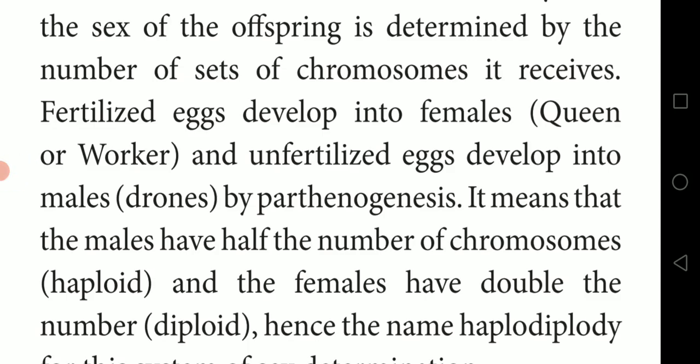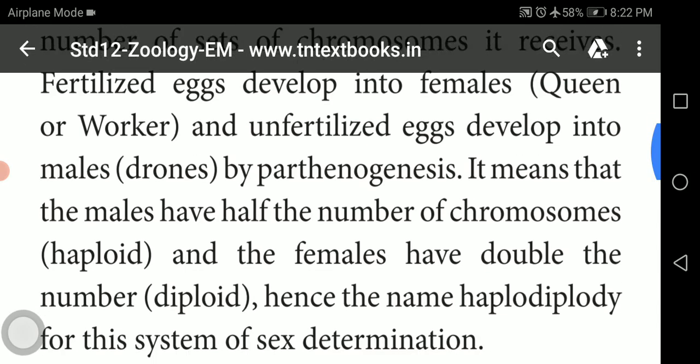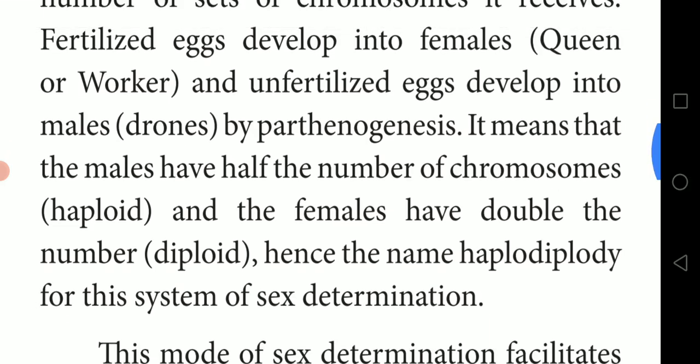The male has half the number of chromosomes, that is haploid, and the female has double the number, that is diploid. Hence the name haplodiploidy for this system of sex determination.